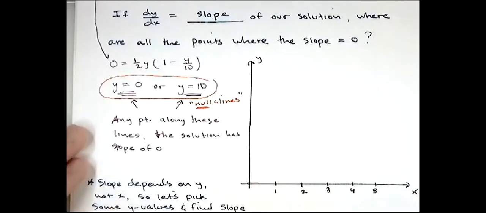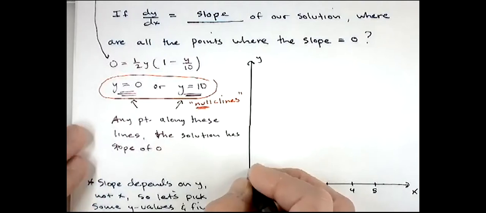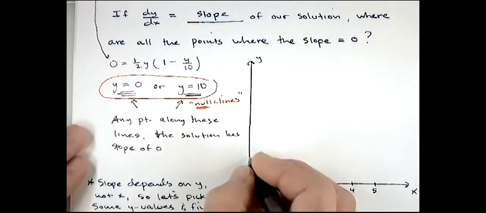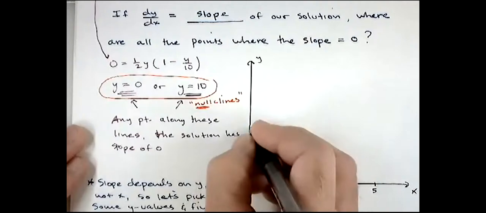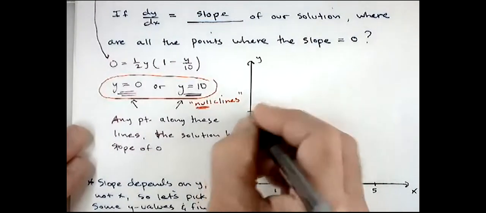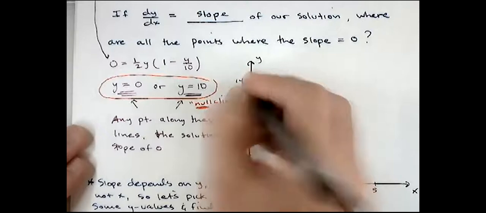And actually just thinking ahead, because I know I'm going to need y equals 10, let me use a different scale on the y-axis. We'll go by 2s. How about 2, 4, 6, 8, 10, 12, and 14.